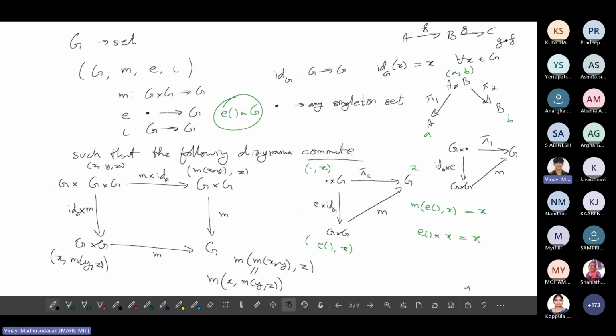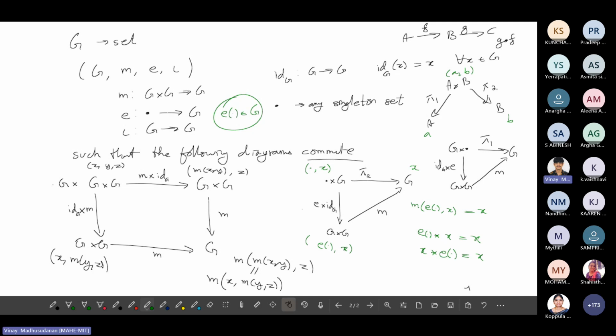That would give you, from the commutativity of this, x star this special element is also equal to x. It's the same element. Okay. X is arbitrary. So the commutativity of these two diagrams gives you the existence of the identity element. Okay. So far with these three diagrams, what we have is a monoid.